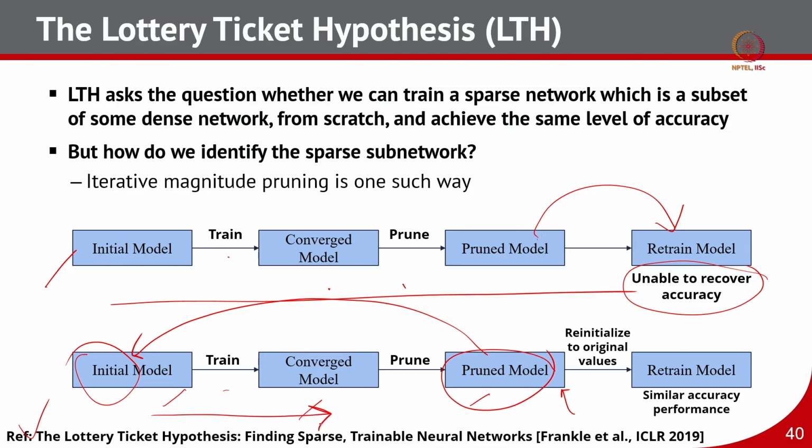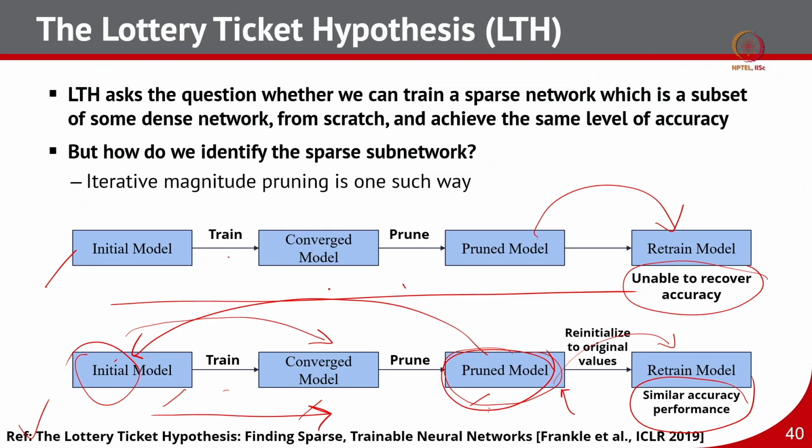So, after pruning, instead of retraining on the same pruned model, we need to reinitialize to the original values, and the intuition is that from those initial weights there is already a path to the converged model which has already been learned. So, if we reinitialize the pruned model weights to the original values, and then perform the retraining, it is seen that similar accuracy performance is obtained, right. That is the lottery ticket hypothesis.